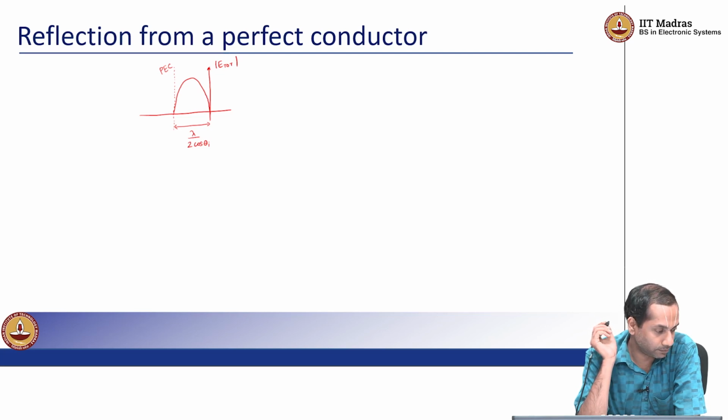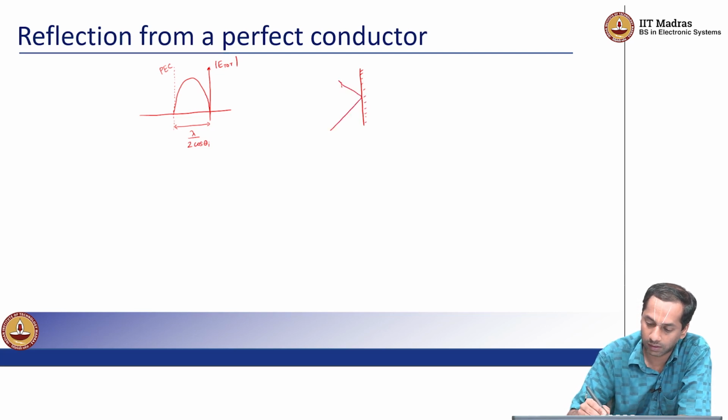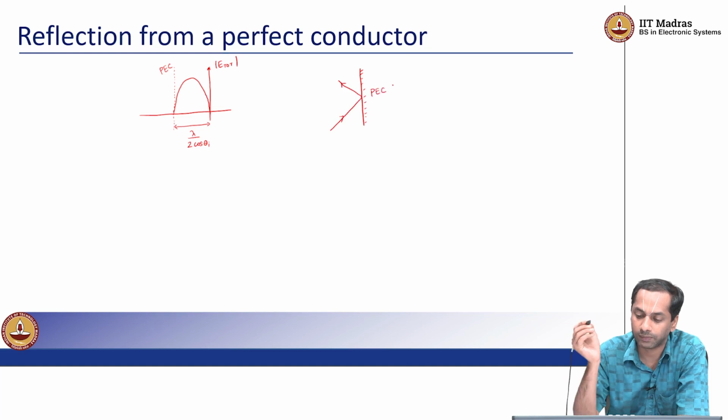So, in the case of the plane wave reflecting off of a perfectly electrical conductor, right, we notice that there is no power flow in the z direction, right.